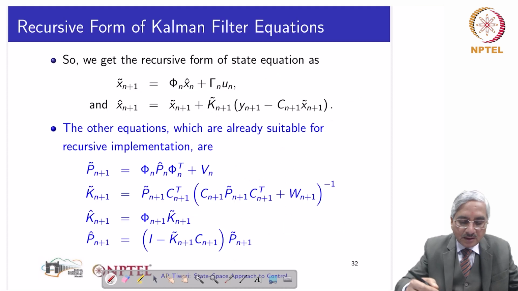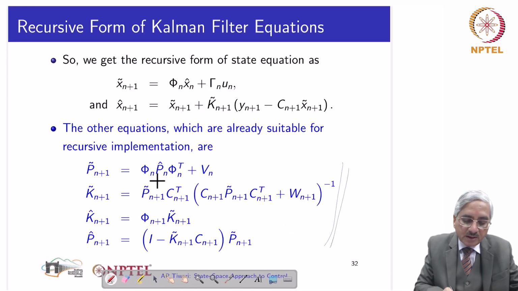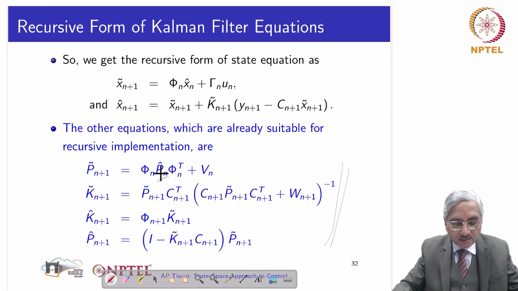Other equations, they were already there in the recursive form. So we have the previous covariance matrix of state error Pn hat. From that we compute this Pn plus 1 tilde.